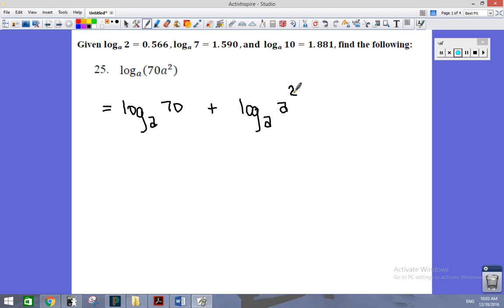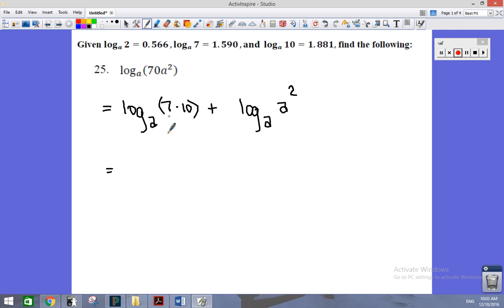Now, my a's and my 2's look very similar, so I'll try to write my 2's a little bit different. Let's look at 70 and see if we can write 70 as a product of these values. Well, we see 7 and 10. So I can save a little bit of space and time to rewrite 70 as 7 times 10.